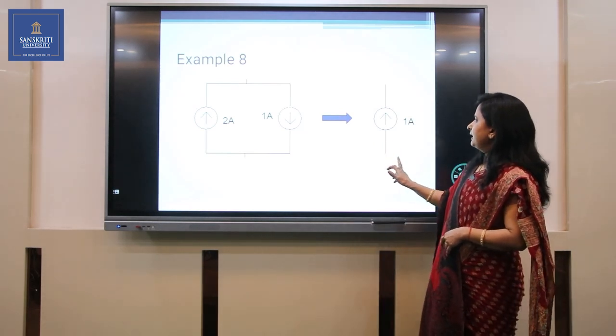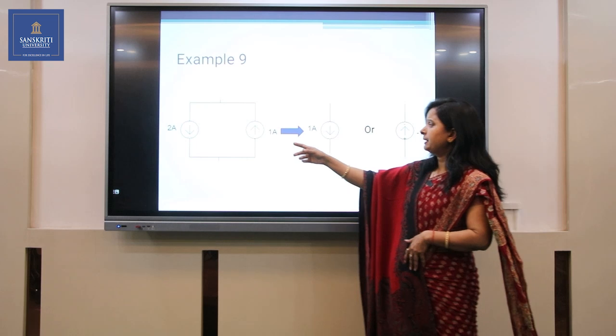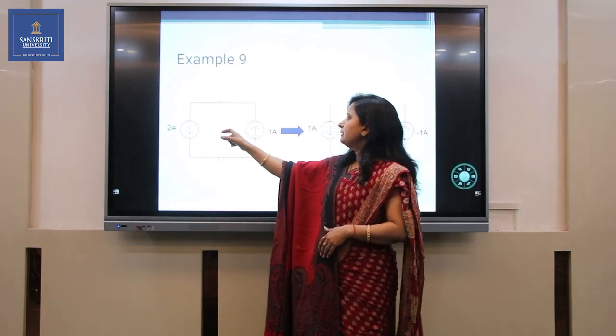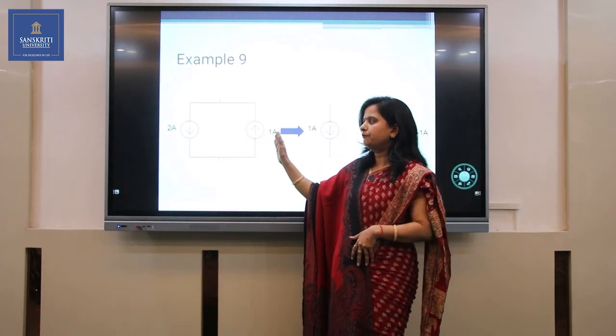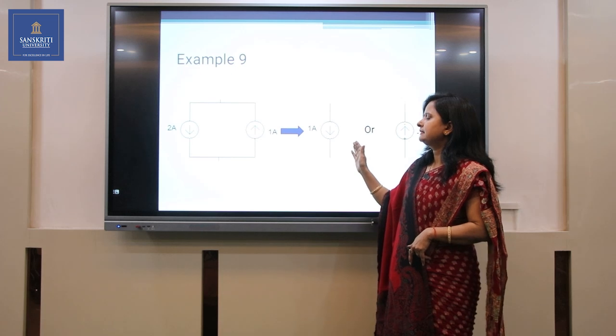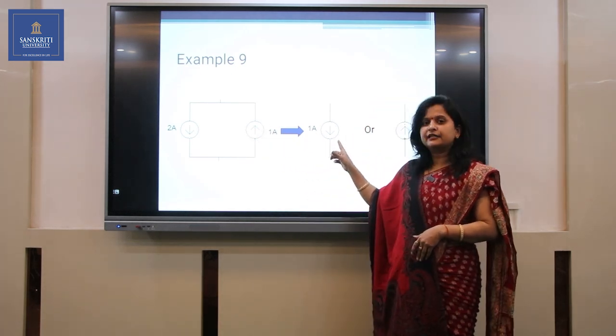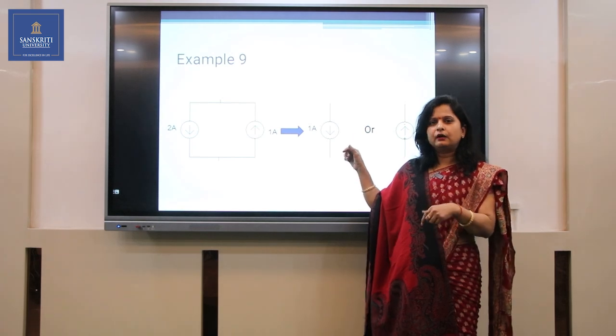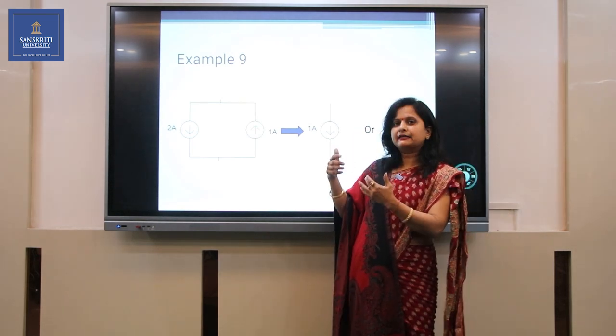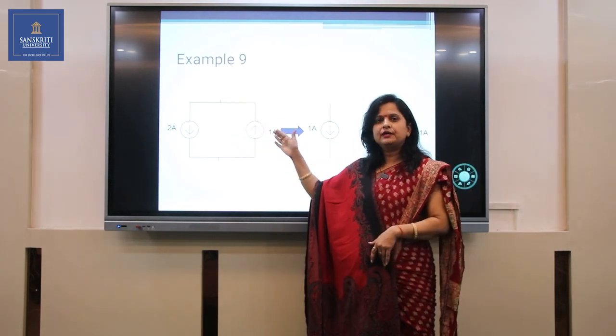Similarly, if you are having 2 ampere current source in downward direction plus 1 ampere current source in upward direction, then what will be the resultant? It will be 2 ampere minus 1 ampere, but the direction of the resultant will be downward, because we are subtracting 1 ampere from 2 ampere.